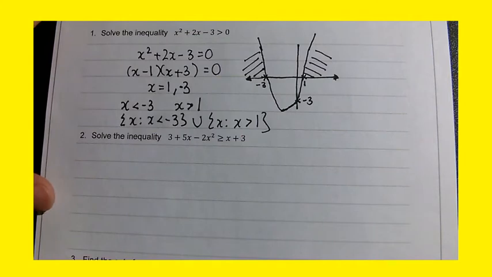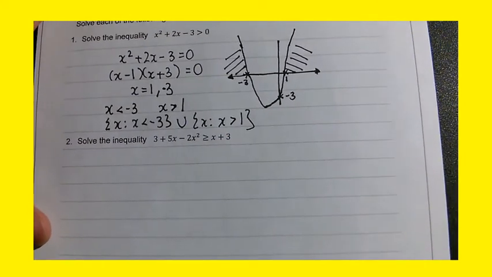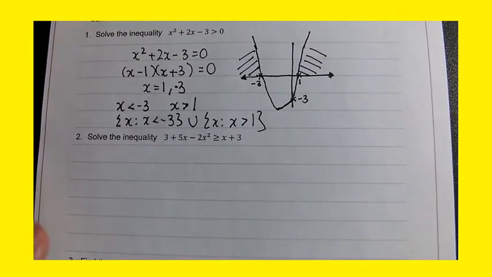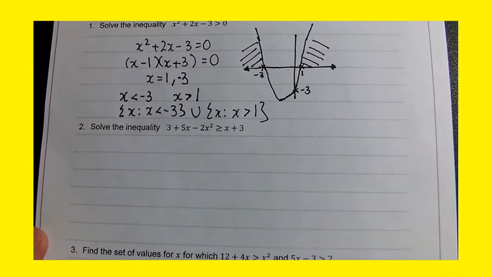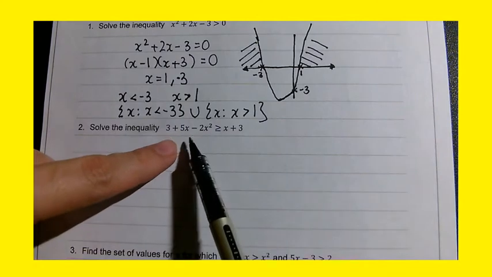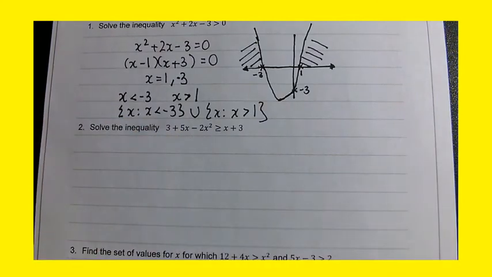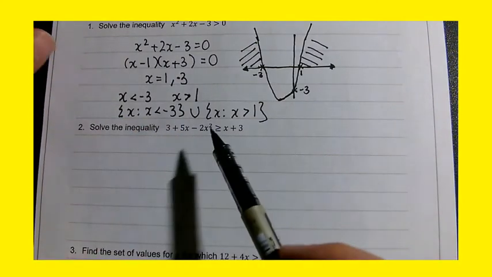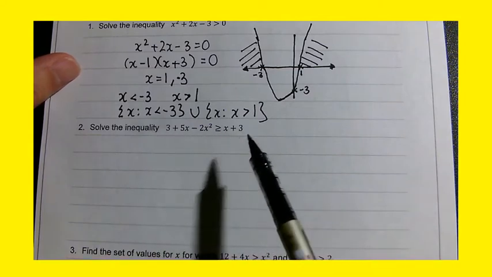Solve this inequality here. 3 plus 5x minus 2x squared greater than or equal to x plus 3. Now, there are two ways of doing this. You can either do this by sketching both graphs on an xy axis and seeing where this graph is greater than that graph.